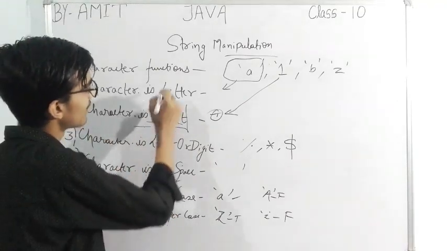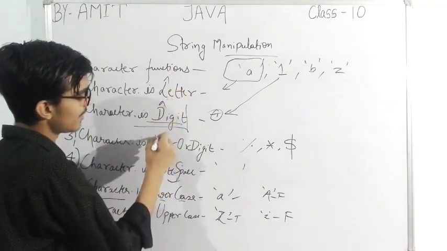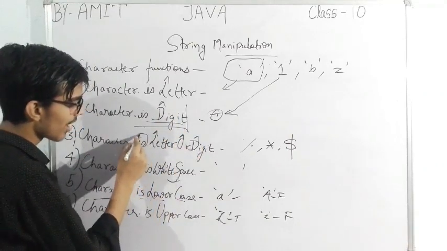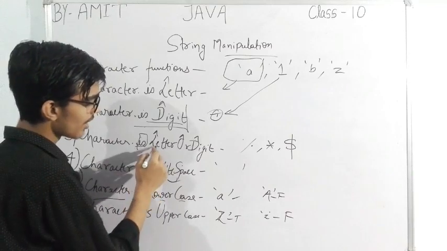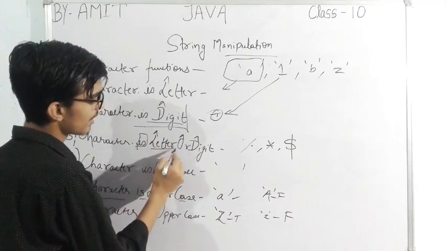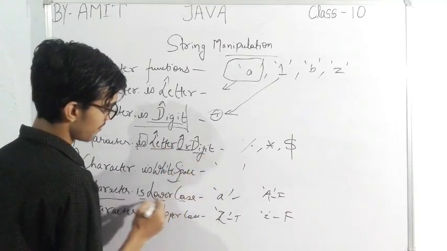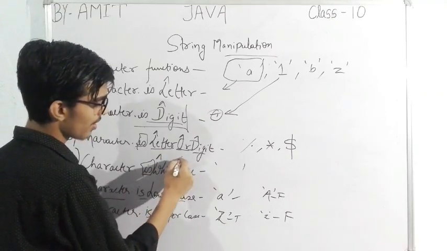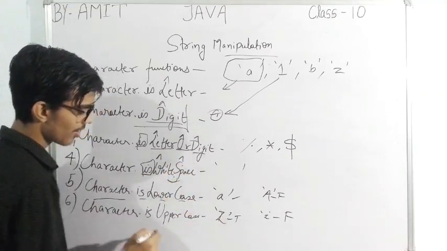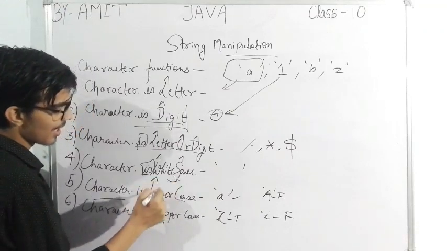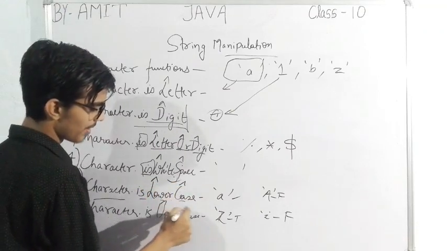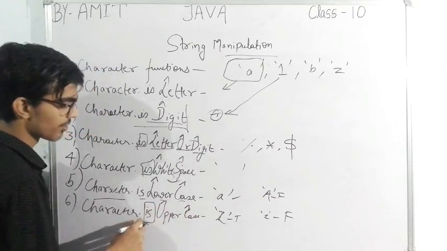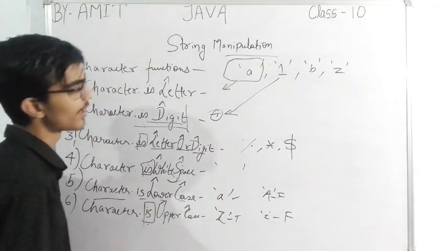What we have to keep in mind is that 'is' is small, and after this the starting letter of each word is capital: W capital of White and S capital of Space, L capital, C capital, U capital, C capital. So we have to remember this.